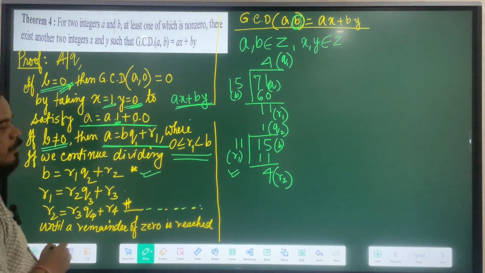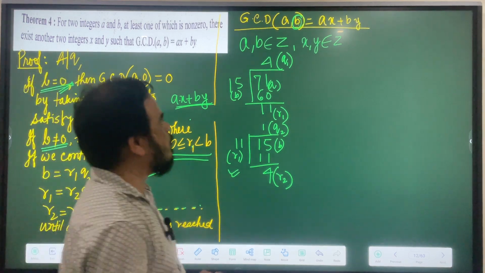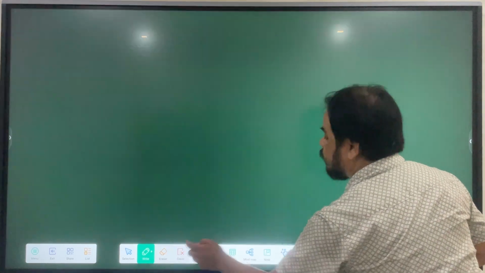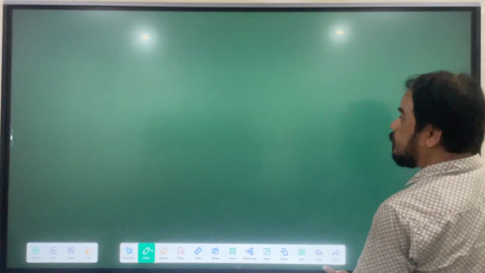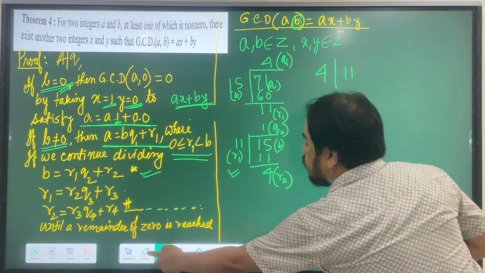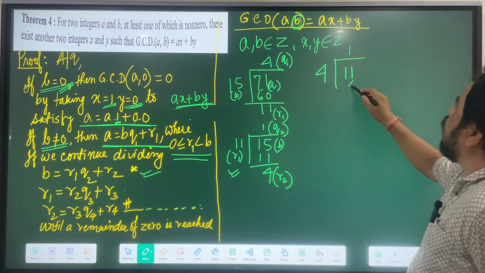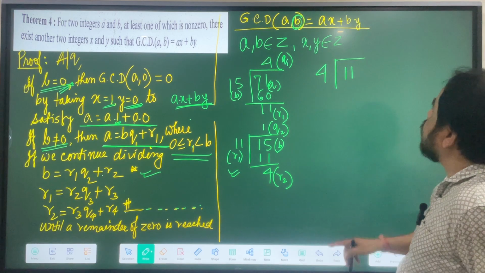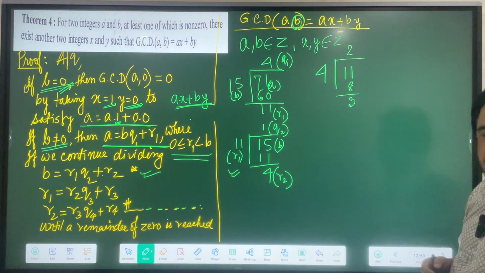Third one now. According to the rule, by this remainder we will divide the previous one again. By 4 we will divide 11 again. 4 twos are 8, and the remainder is 3.